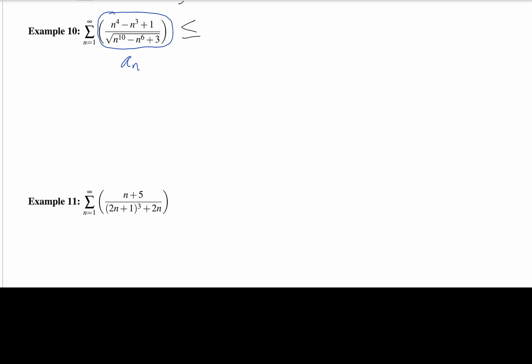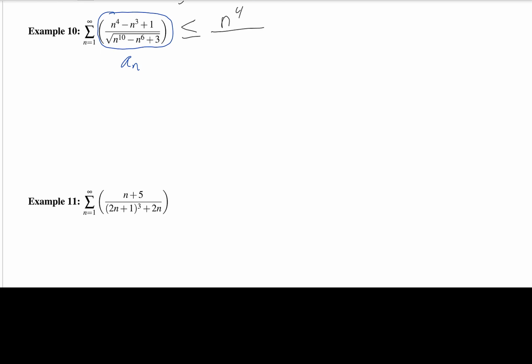Because notice if I'm plugging in 1, then that would be minus 1 plus 1, so I'm getting rid of nothing. Now if n equals 2, then that's minus 8 plus 1, so I'm getting rid of a negative 7, which means I'm making the numerator bigger. So I am making this fraction bigger.